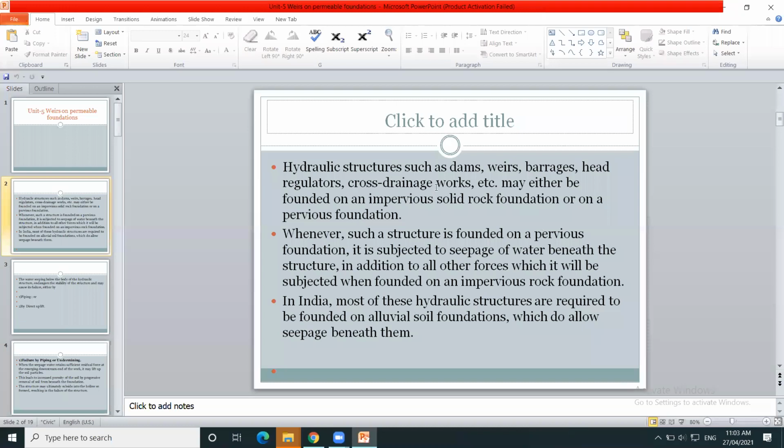So which are the hydraulic structures? As you have seen, there are different types of dams: gravity dam, arch dam, earthen dam.